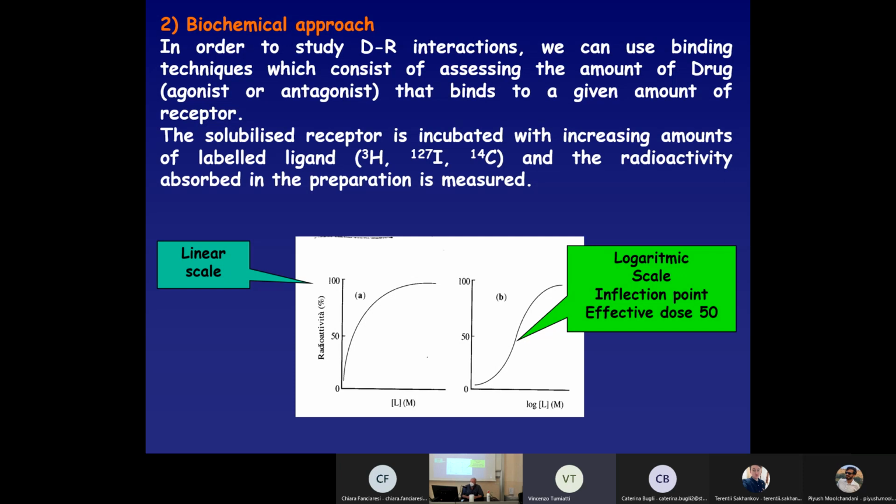This is the main difference between these two methods, these two approaches. The pharmacological approach is more complete. We can have complete information about the nature of our compound, if this compound is an agonist or not. In the biochemical approach, we have information only about the ability of this compound to interact with a specific target.